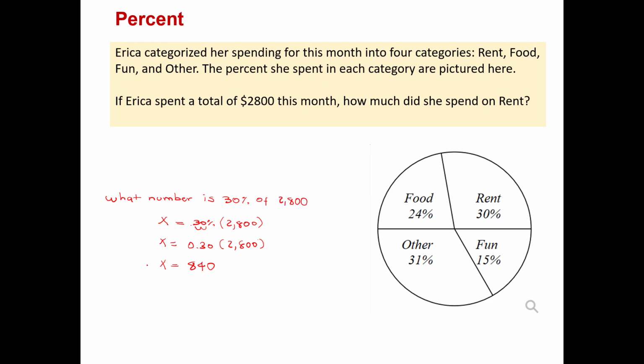Then she spent on rent $840. Yes, we can write maybe she spent on rent $840.